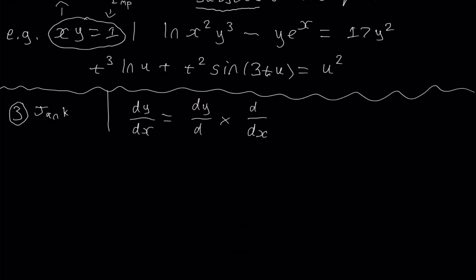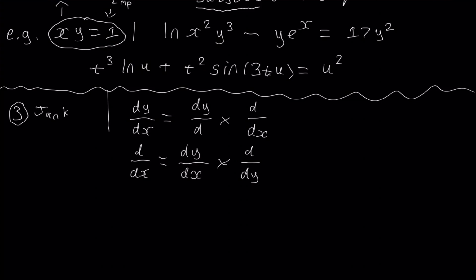And then we can rearrange this to state that d over dx is going to be equal to dy over dx multiplied by d over dy.